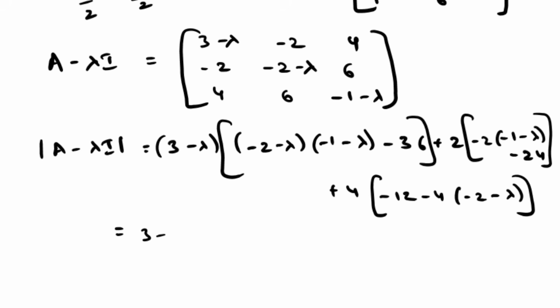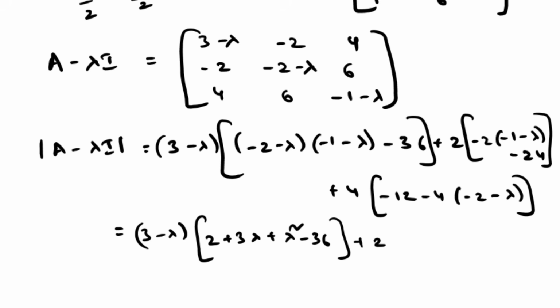This is equal to 3 minus lambda into 2 plus 3 lambda plus lambda square minus 36, plus 2 into 2 plus 2 lambda minus 24, plus 4 into minus 4 plus 4 lambda.